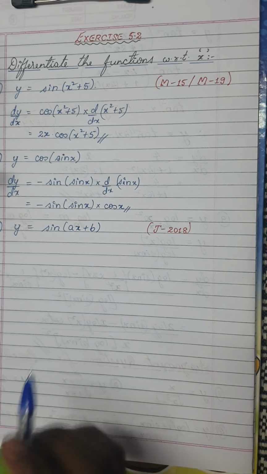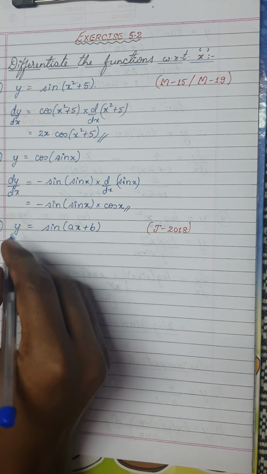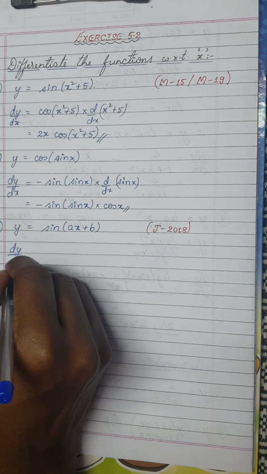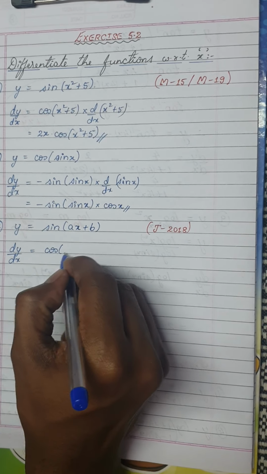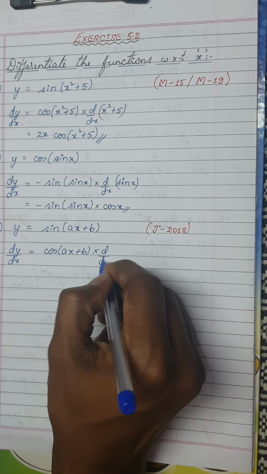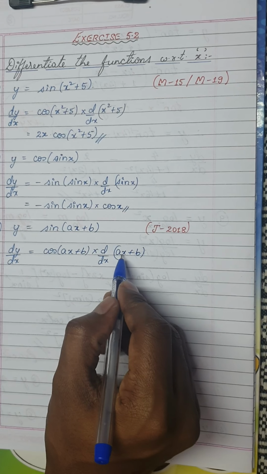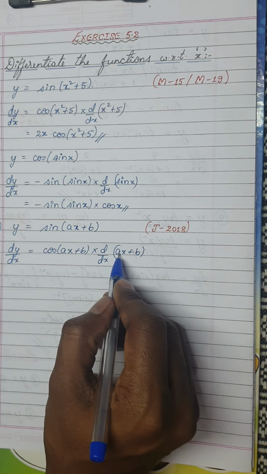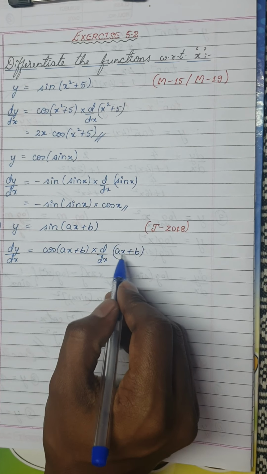Moving on to the next question, I have y is equal to sine of ax plus b. Very simple question. dy by dx is derivative of sine, which is cos of ax plus b, into derivative of ax plus b. I've told you already, derivative of ax is a, because d by dx of x is 1.